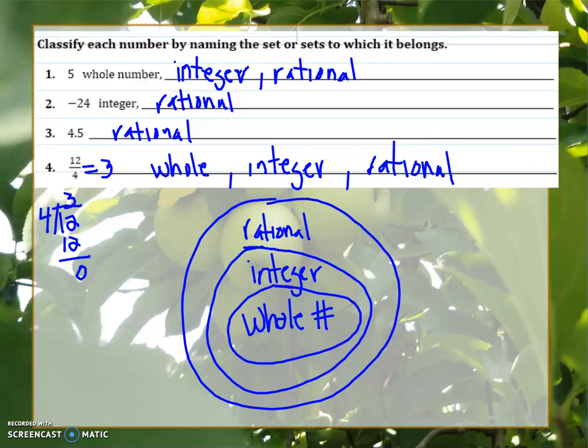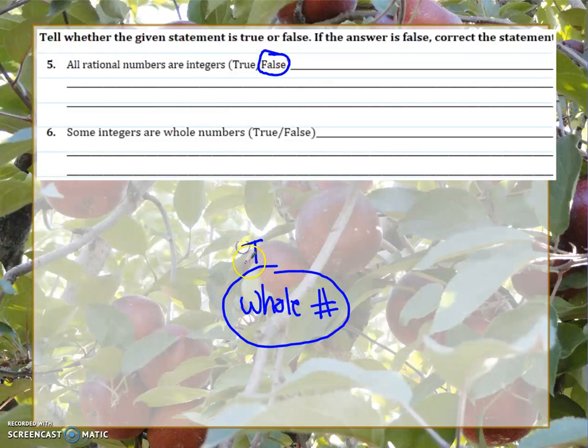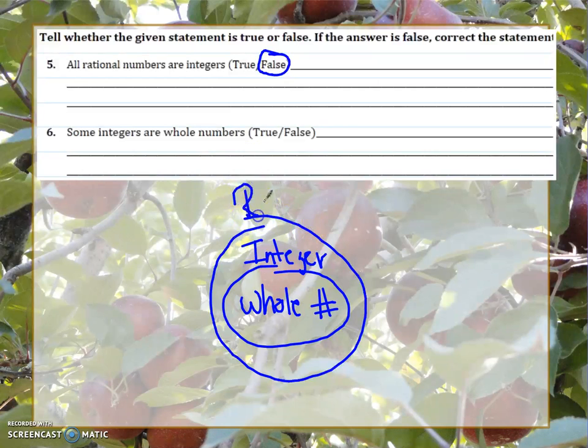All right, let's take a look at number 5. All rational numbers are integers. This is false. So if you remember our graphic organizer, we have whole number, we have integer, and we have rational.